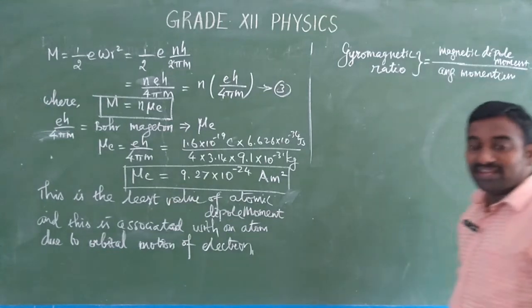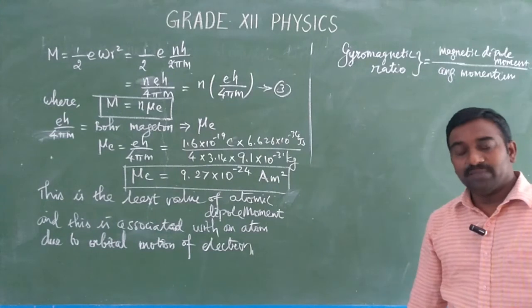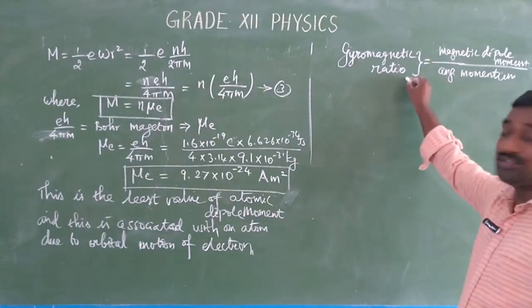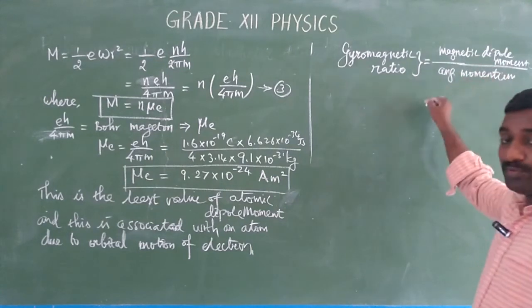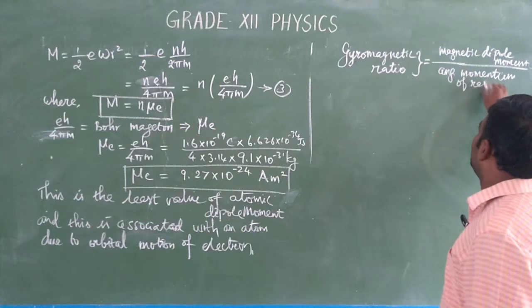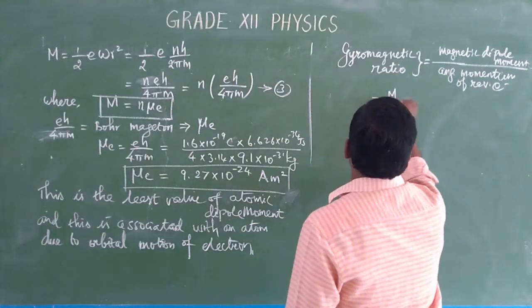Okay, so the gyromagnetic ratio is a very important thing. After calculating the Bohr magneton value, we are also going to find the gyromagnetic ratio. So the gyromagnetic ratio is the ratio between the magnetic dipole moment to the angular momentum of a revolving electron, which is equal to M by L.